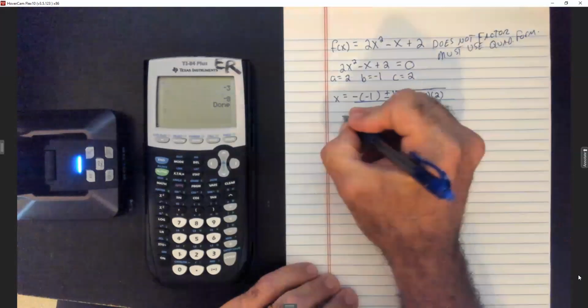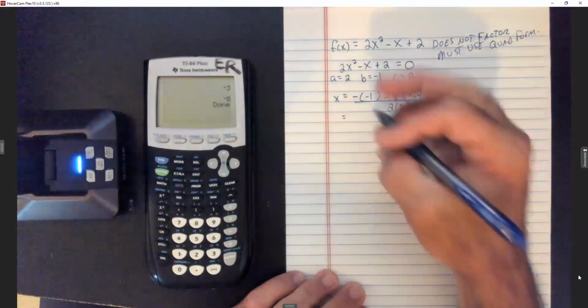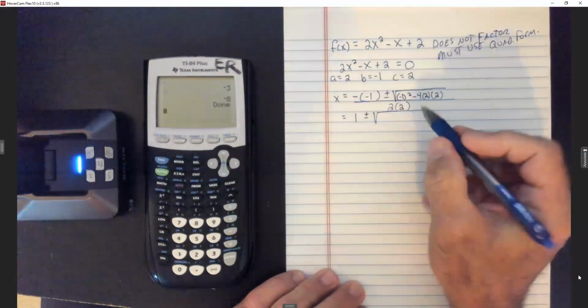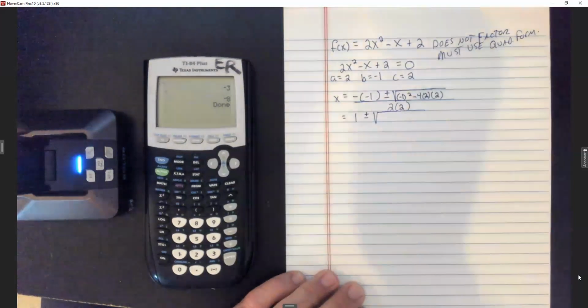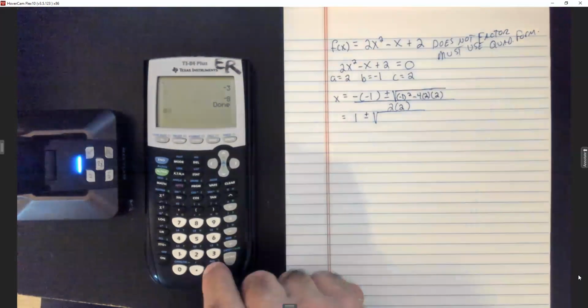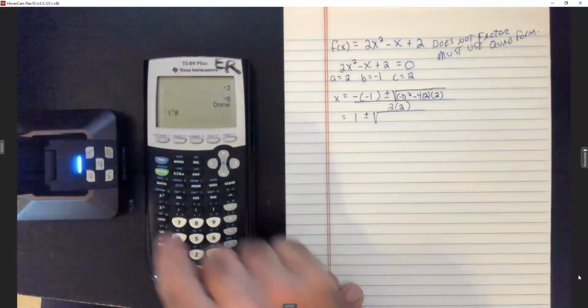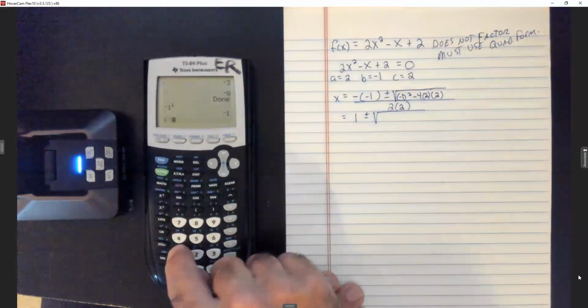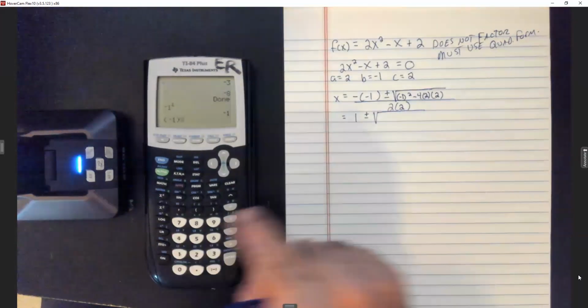All right, so first thing we'll do, that double negative, negative times negative makes that a +1, plus or minus square root -1 squared. Now y'all watch this. If you do -1 on your calculator and square it, that's the wrong answer. You got to put that -1 inside parentheses when you square it on the calculator.